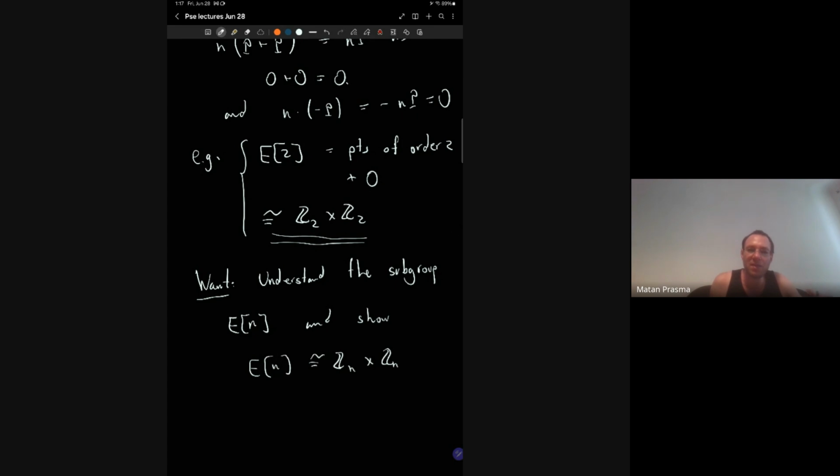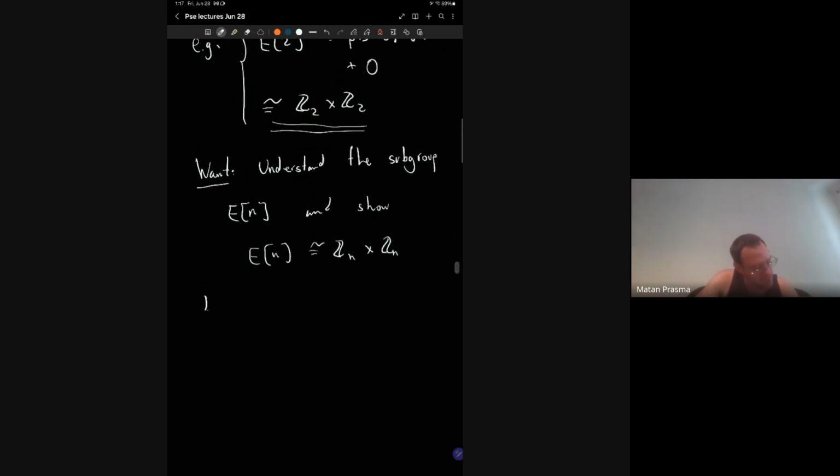The structure theorem for abelian groups would, first of all, so if we show that E[n] has n squared elements, we are almost done.